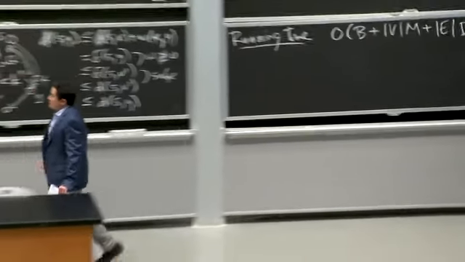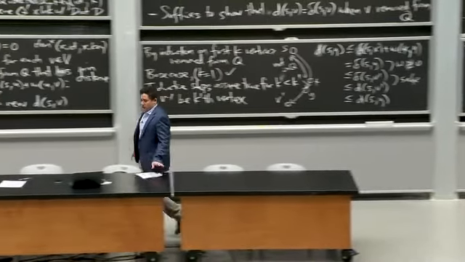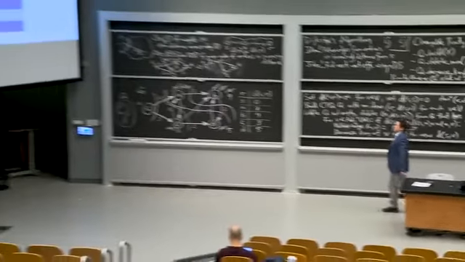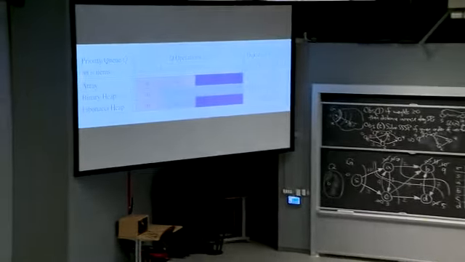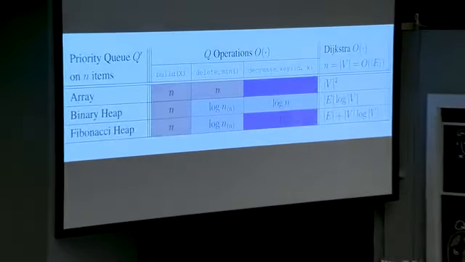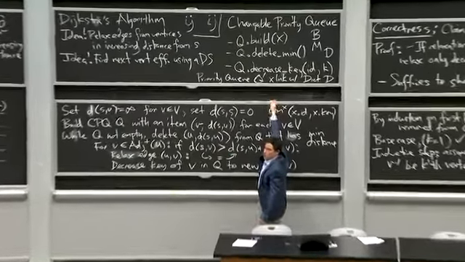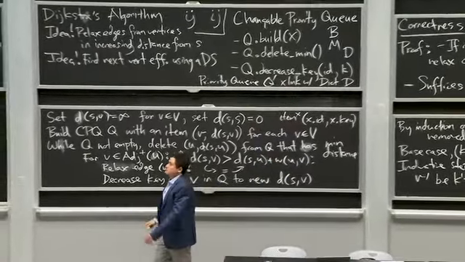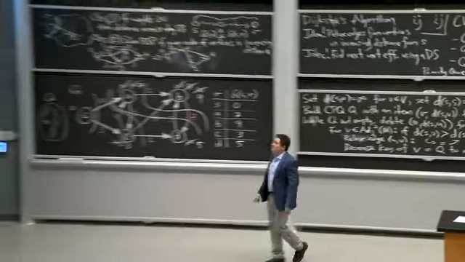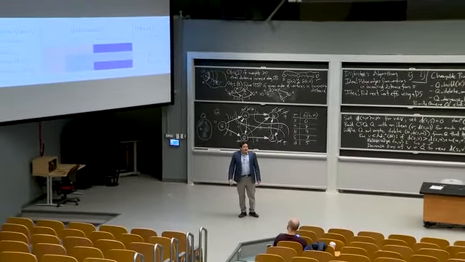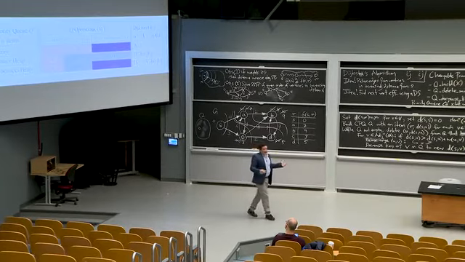Well, if we use the stupidest priority queue in the world, here's a list of different implementations we could have for our priority queues. And when I say priority queue, I mean this priority queue. We're already implementing the changeable priority queue by linking it with a dictionary that's efficient. Okay? If I just use an array, I can find the min in linear time, sure. And I don't have to update that array in any way.